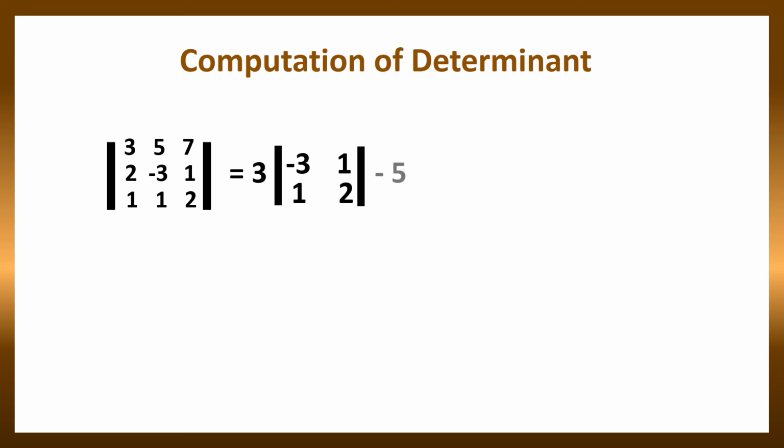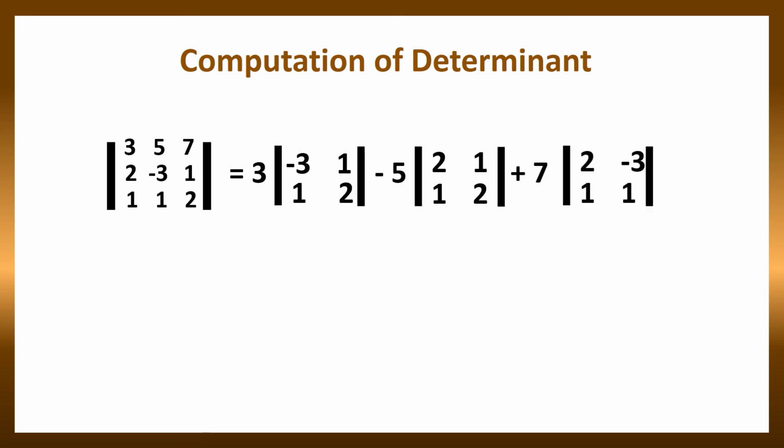3, 1, 1, 2. Then taking the second element in the first row, and the second element will be having a minus sign. So minus 5 into determinant of 2, 1, 1, 2. Then the third element plus 7 into determinant of 2, minus 3, 1, 1. Detailed explanation of how to compute the determinant value is already explained in the previous video.